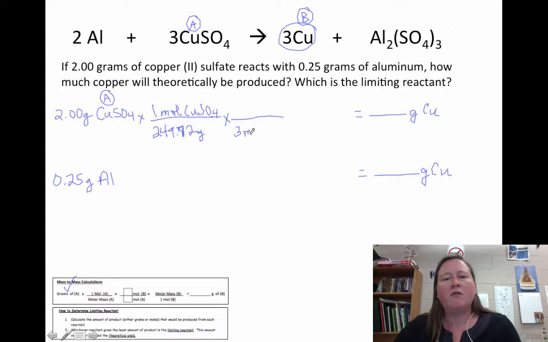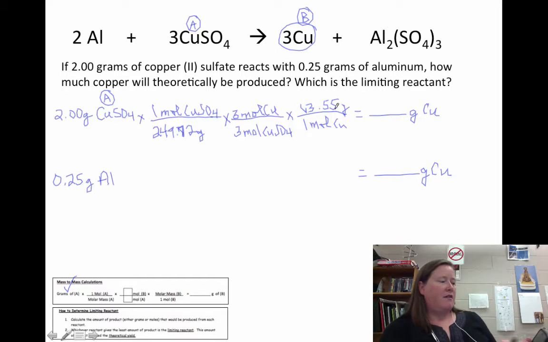Every 3 moles of copper sulfate, we have 3 moles of copper. And for every 1 mole of copper, we have 63.55 grams.